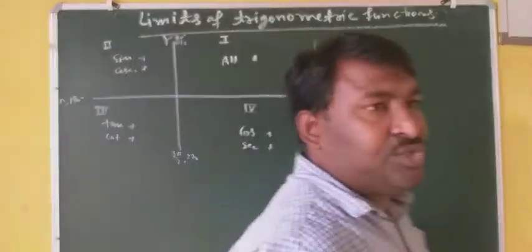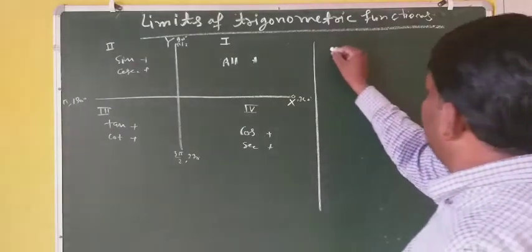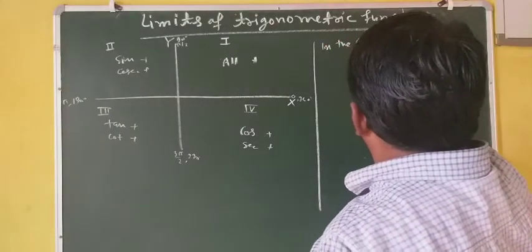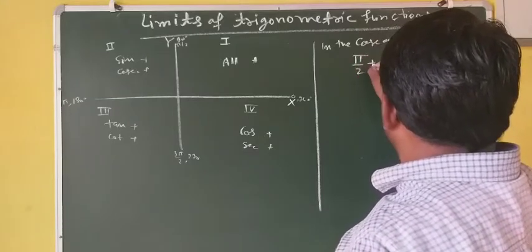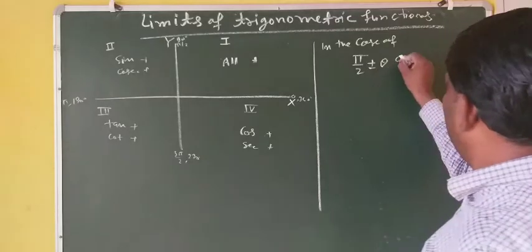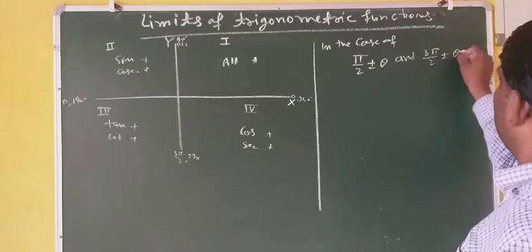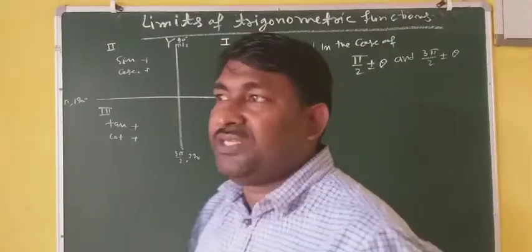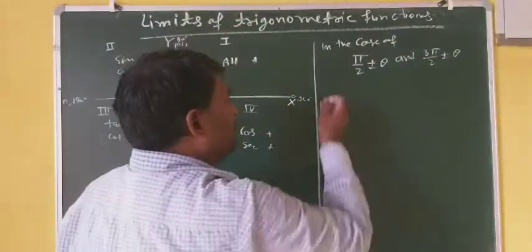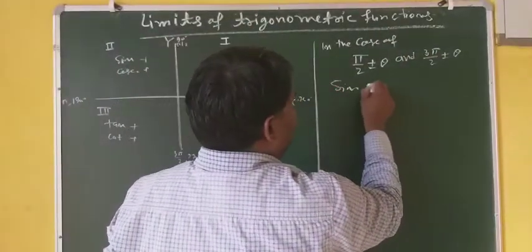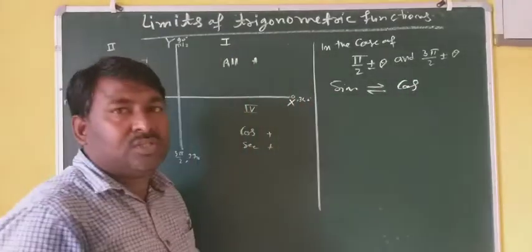When trigonometric ratios change from one form to another, in the case of pi by 2 plus or minus theta and 3 pi by 2 plus or minus theta, where theta is a very small angle, only in this situation sine will change into cos and cos will change into sine.